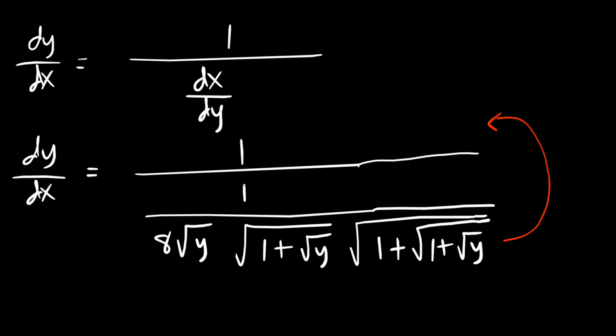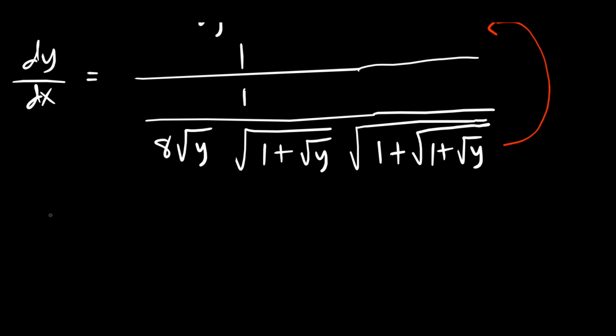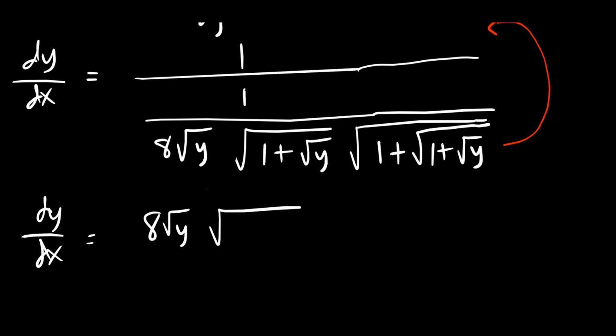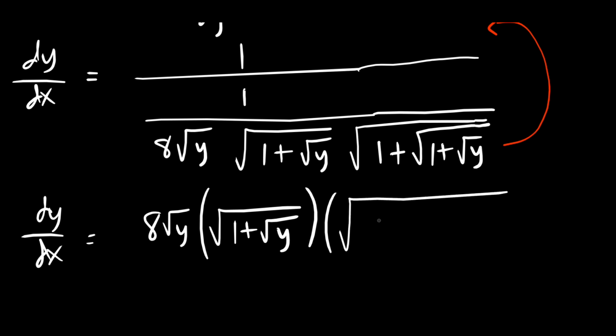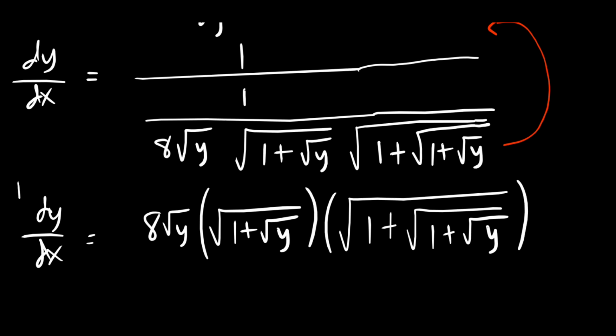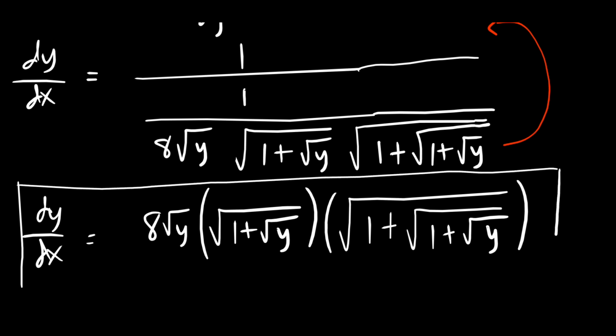To simplify this, dy over dx is equal to 8 square root of y multiplied by the square root of 1 plus square root of y, multiplied by the square root of 1 plus square root of 1 plus square root of y, all over 1. We're not obliged to write 1. So this is now our final answer.